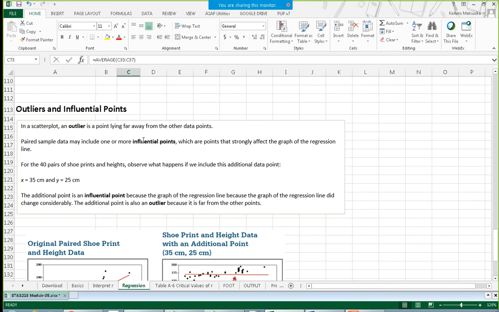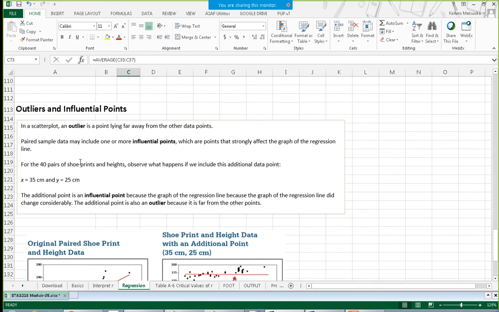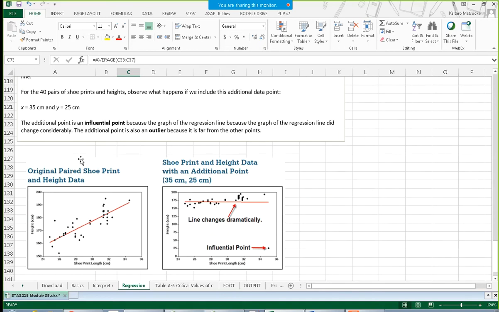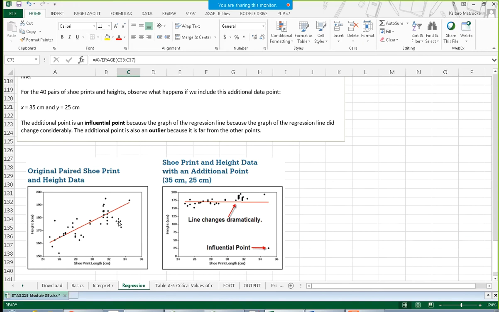Okay. So let's see if another additional data point, say x is 35 and y is 25 centimeters. Is this an outlier? Is this an influential point? The way you do that is, it's a little subjective, but let's say without this additional data, the plot looks like this.